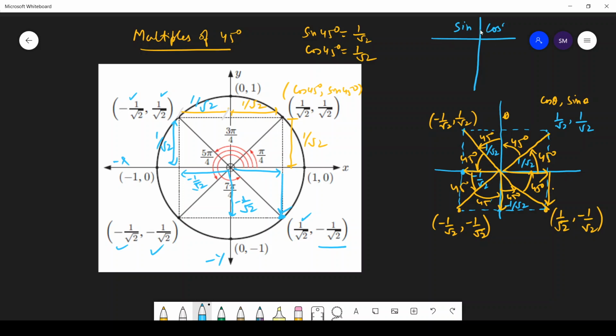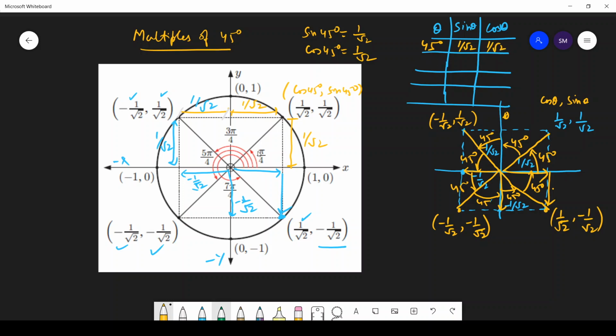Okay. And what's the value of theta? If theta is 45 degree, what is the value of sine theta? 1 by root 2. What is the value of cos theta? 1 by root 2.